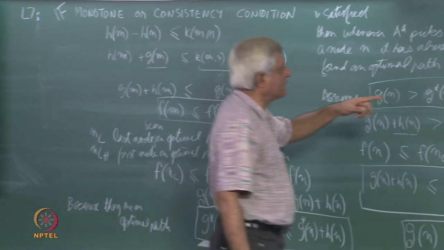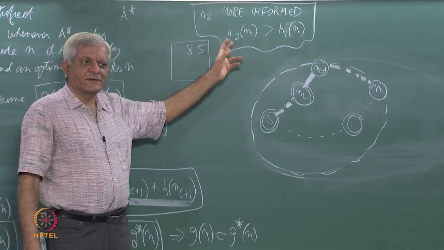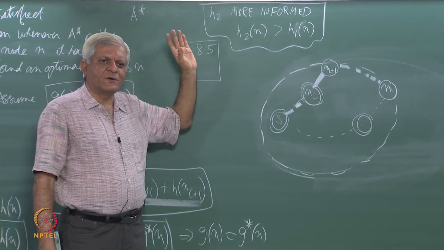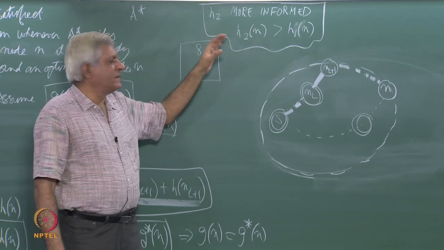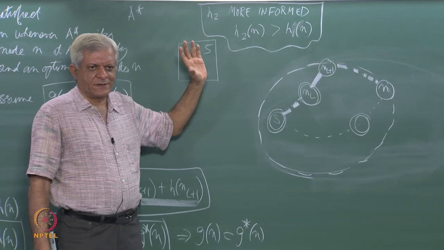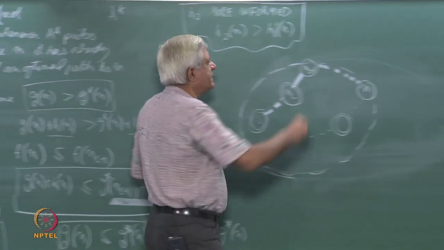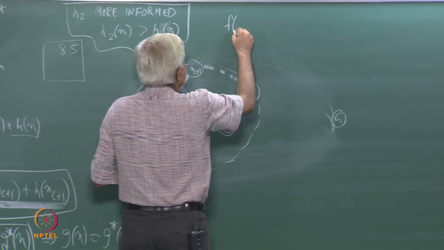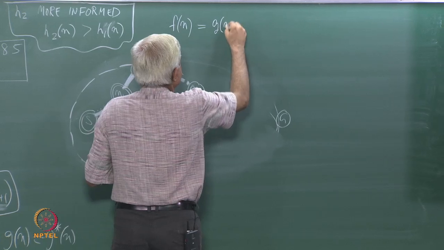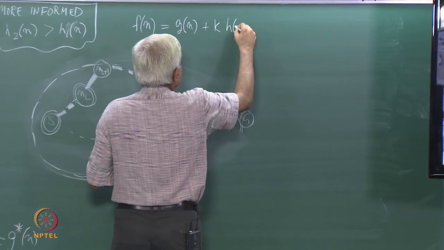And we have seen this property that the higher the heuristic function that you are using, the better for you. But if you want to guarantee admissibility, the heuristic function must be less than the optimal heuristic value. So, what people have often done is that they tend to use a function like this, f of n equal to g of n plus k times h of n.